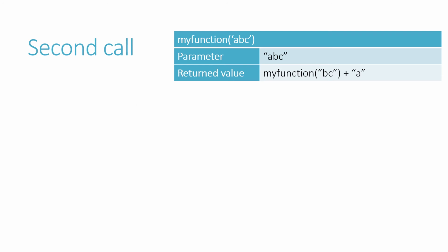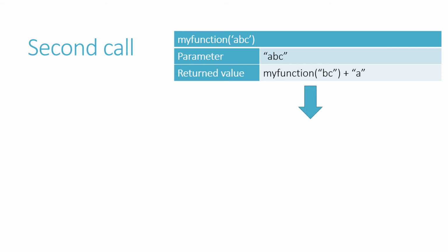So to recap, my function with the parameter ABC has a returned value which is my function BC plus A. We can't return that value yet because we don't know what my function BC is. So now we're going to have to run it.